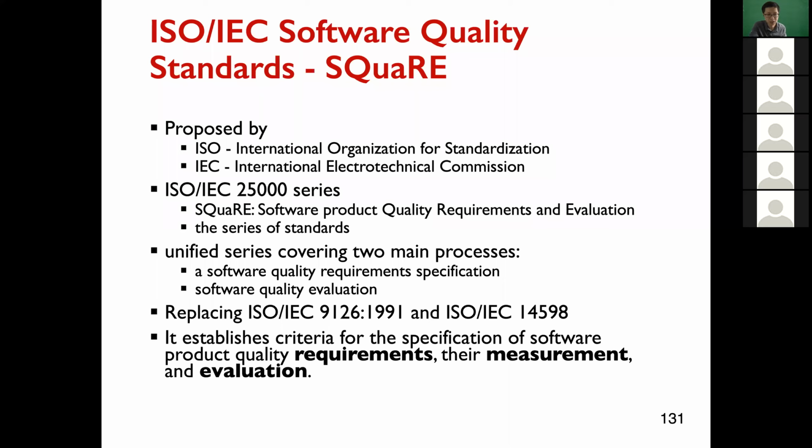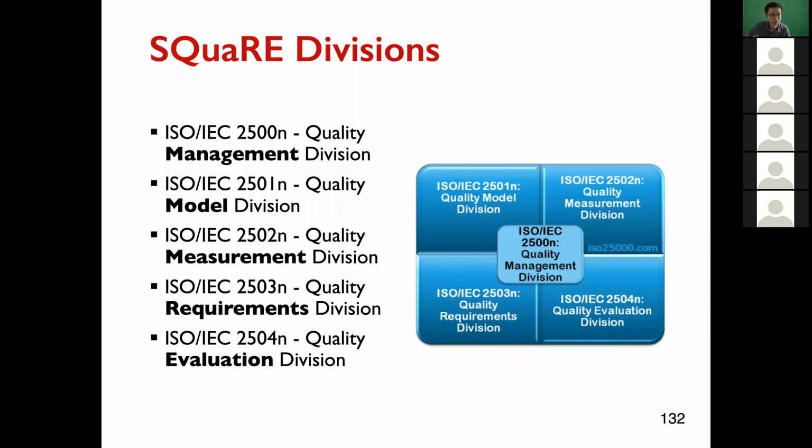It's a series of standards, not just one, it's a set of standards. Let's look at the components. Basically, these standards include 5 main components. The first component is the 2500n standards, which describe the standards for software quality management.